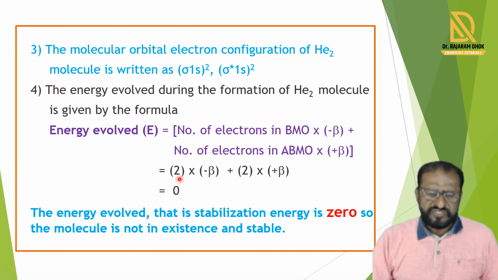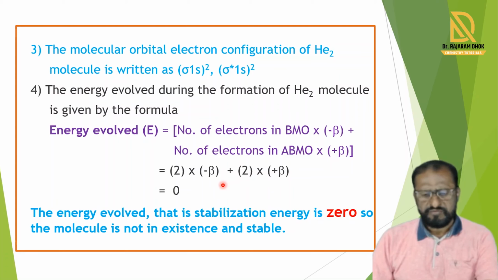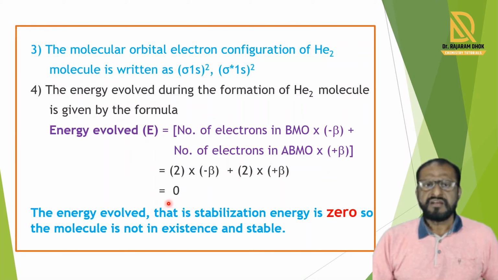The two electrons from the bonding molecular orbital are multiplied by minus beta, and the two electrons in the anti-bonding molecular orbital are multiplied by plus beta. So we get minus 2 beta plus 2 beta. By solving this, we get the energy evolved equal to 0. So in the He2 molecule, the energy evolved is 0.